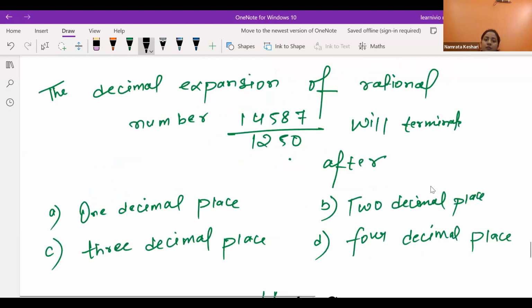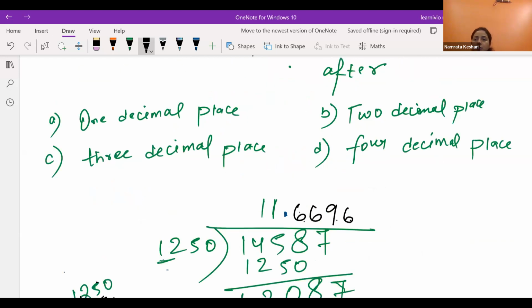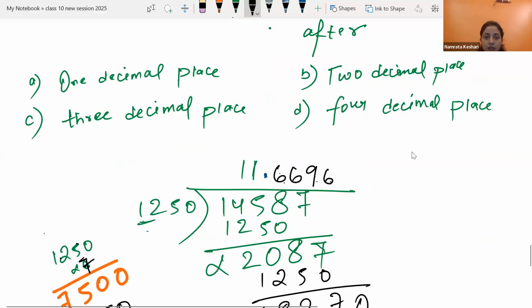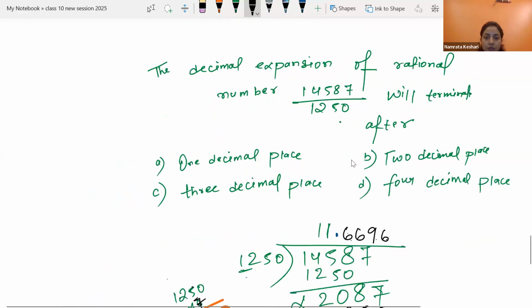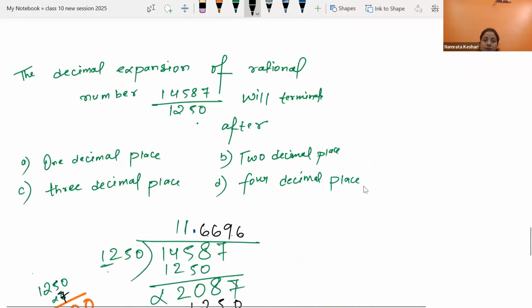Is it so? Let me zoom it. Please check the steps. I'm just confirming by calculator also. Check it.